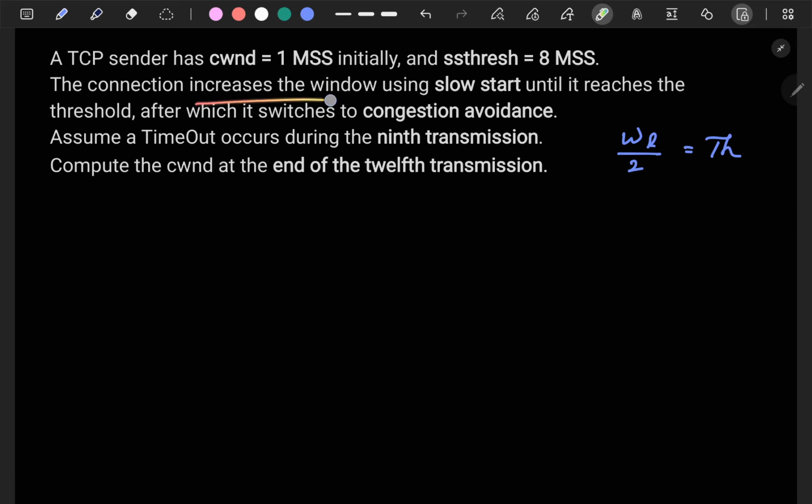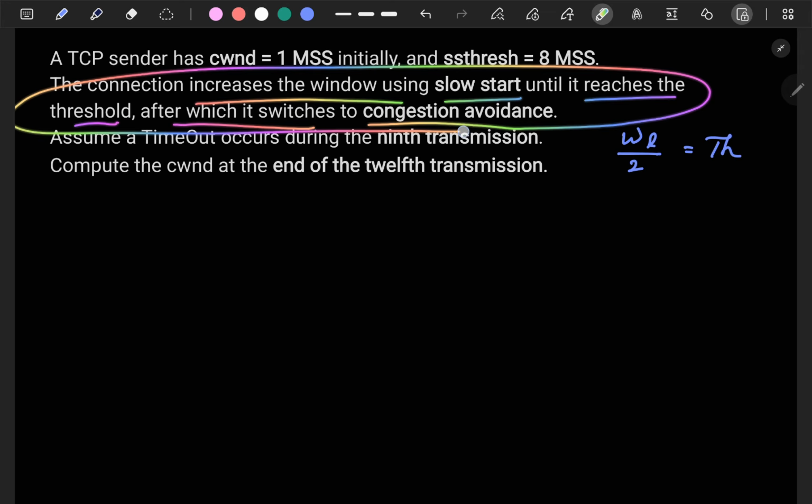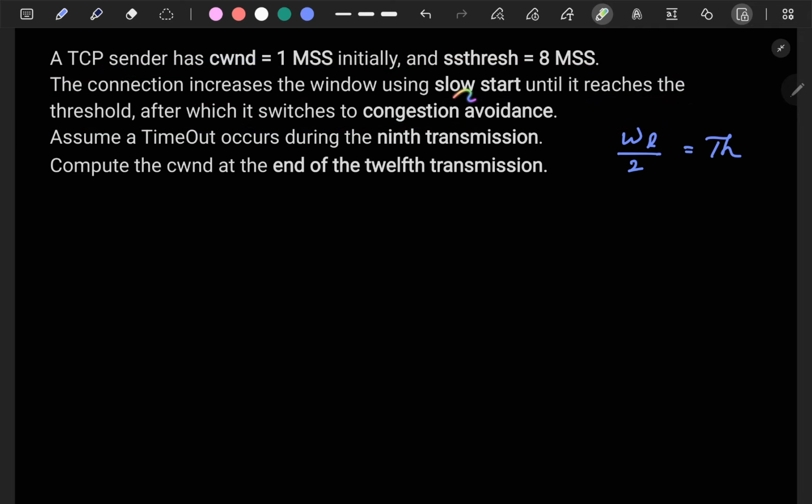Now, a connection increases the window using a slow start phase until it reaches the threshold, and after that it switches to a congestion avoidance phase. This entire thing is the definition of the congestion control mechanism, nothing new. It starts with slow start from 1 MSS, then grows exponentially: 2 raised to power 0, 2 raised to power 1, 2 raised to power 2, 2 raised to power 3.